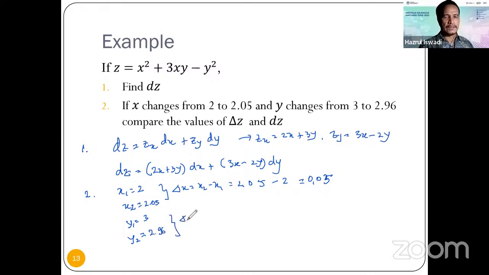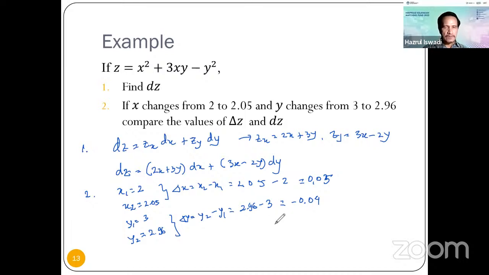So delta y is y2 minus y1, 2.96 minus 3, which will be minus 0.04.